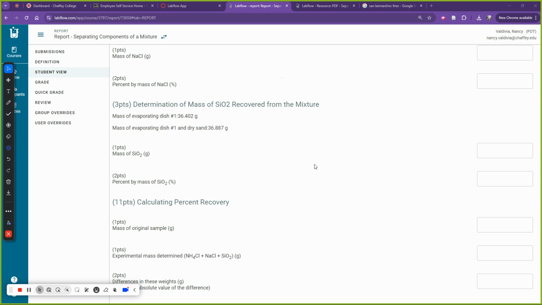Since yesterday, I've been having trouble logging into the Labflow. And then now I'm having trouble with the Chafee login. It says there's a request error. I'm trying to get on your Canvas. What exactly does it say?